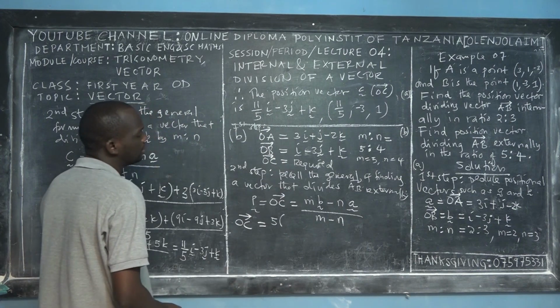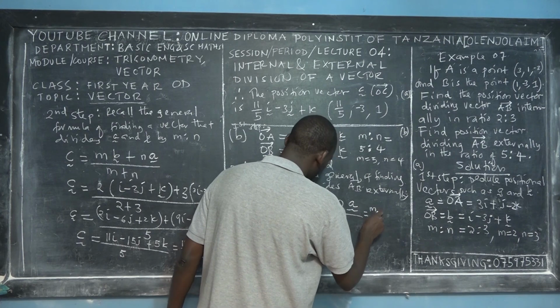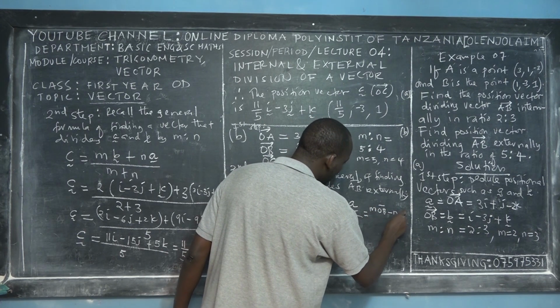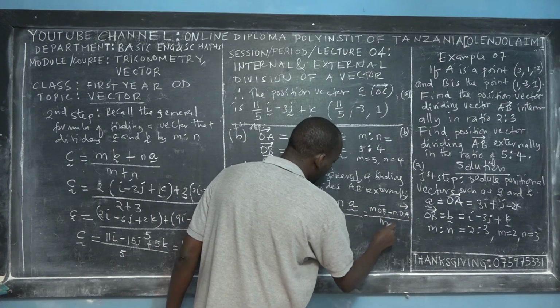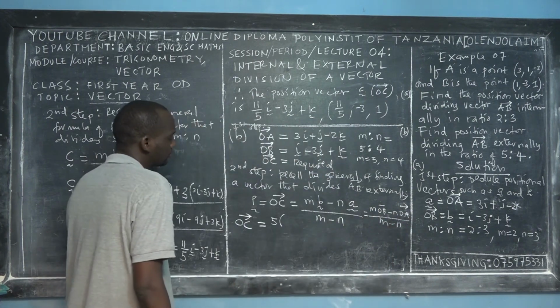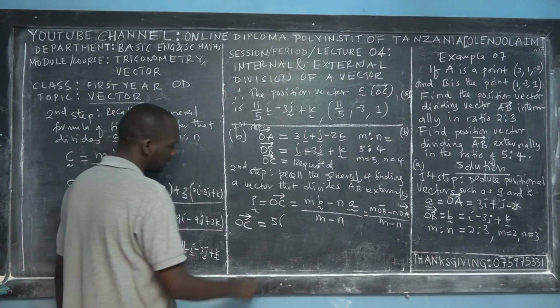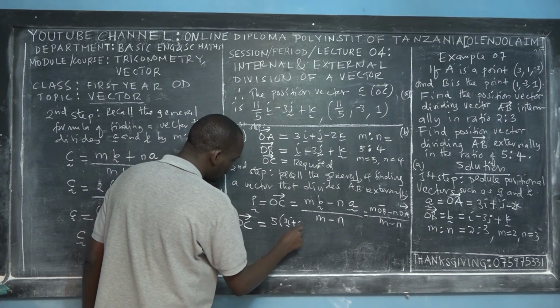So you have 5 times vector OB, which is i minus 3j plus k, and then minus N, which is 4, times vector OA.